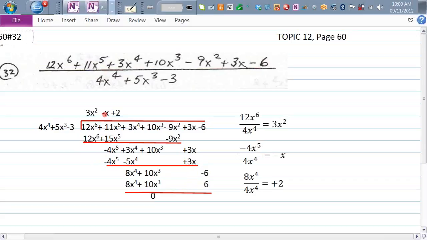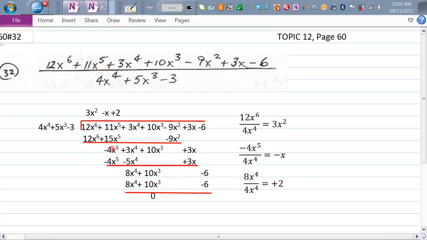So again, minus x times 4x to the 4th gives me minus 4x to the 5th. Minus x times plus 5x cubed gives me minus 5x to the 4th. And minus x times minus 3 gives me plus 3x. No term underneath here.